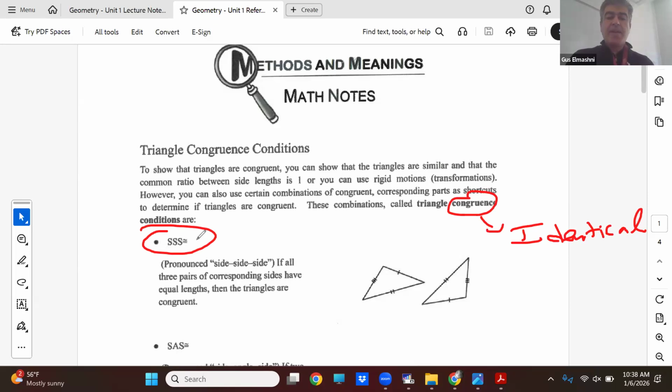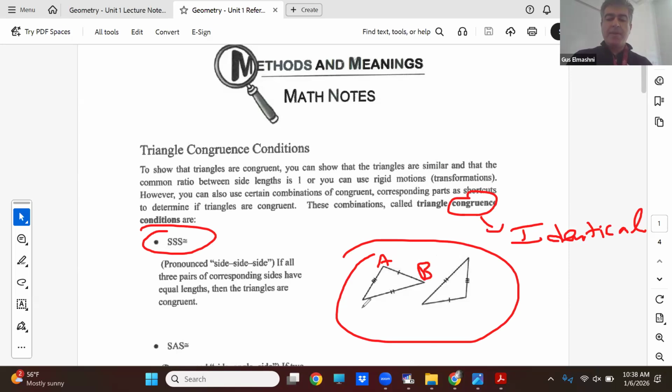side, side, side. If you know two triangles have corresponding sides that are congruent, so for example, let's say one is called ABC and the other is called DEF. You see how AB and DF line up, right?